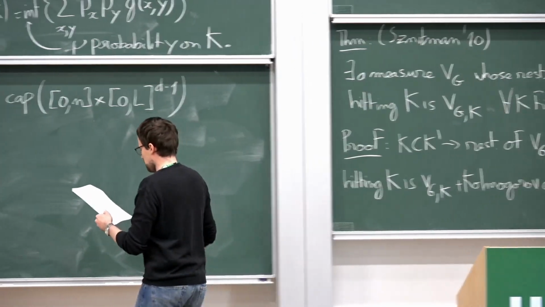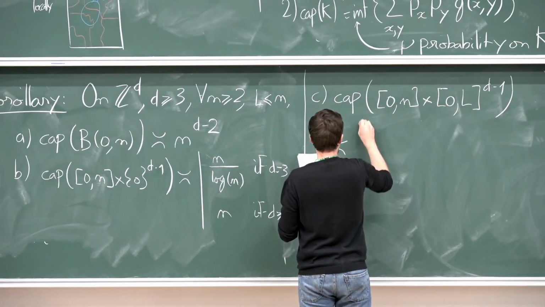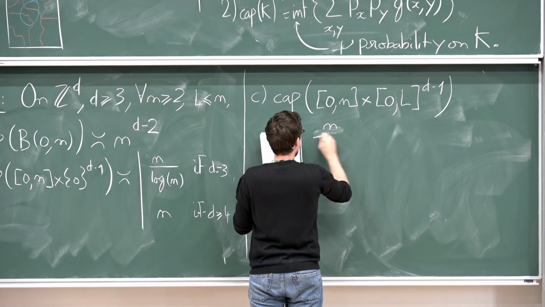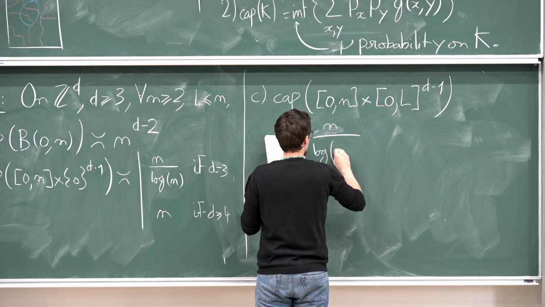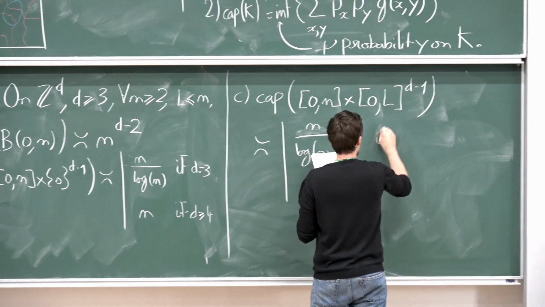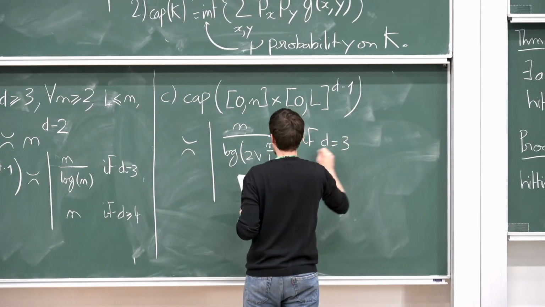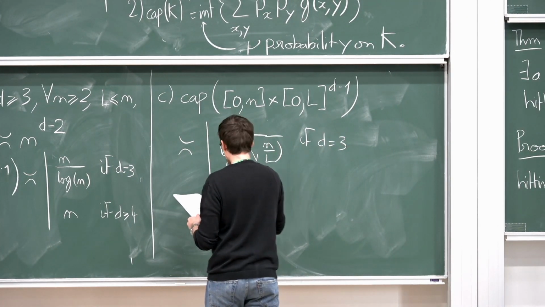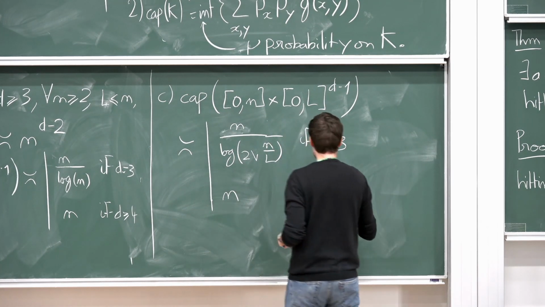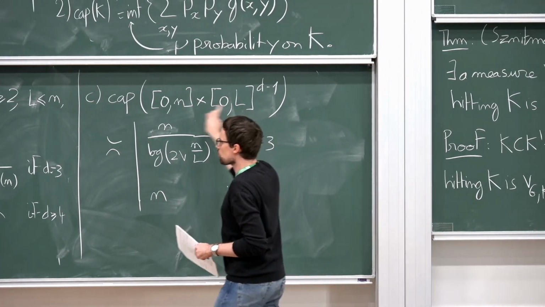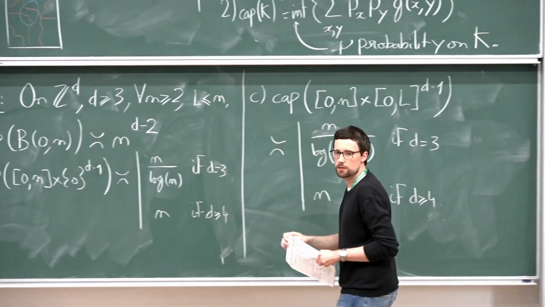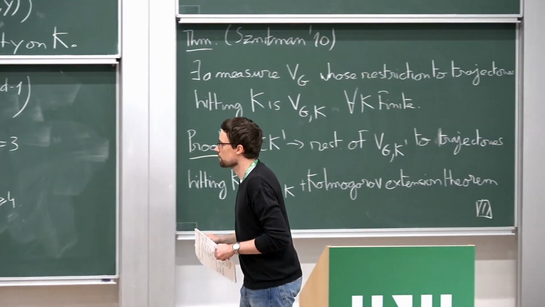Up to constants, the capacity is n over log of the maximum of 2 and n over L, if d equals 3. Again, there's this dichotomy between d equals 3 and d larger than or equal to 4. In larger dimension, this is just n. You can check that if I take L equals 0, I come back to the line, and if I take L equals n, I come back to the ball. So this interpolates between the two previous results.